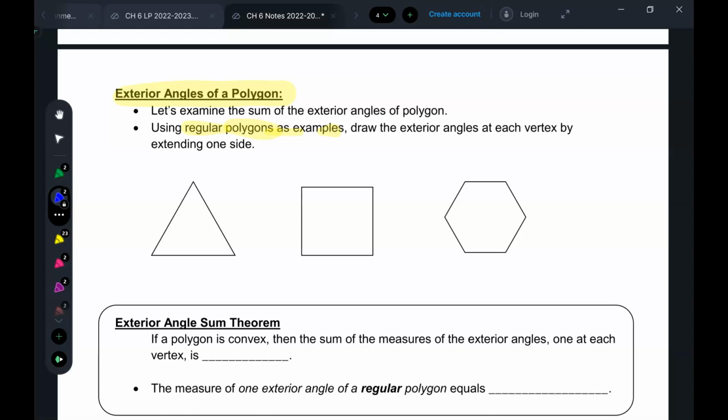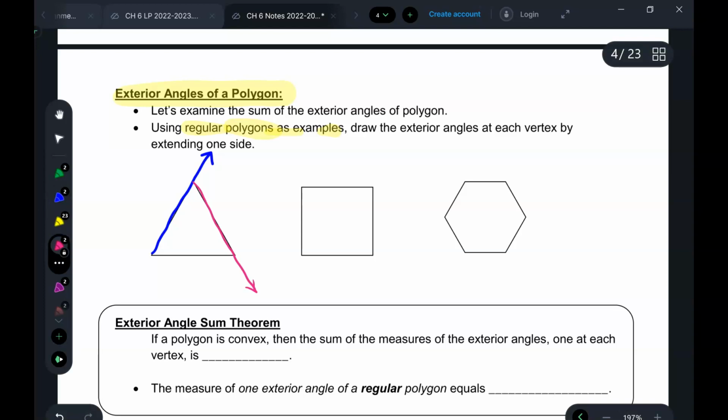So here, I'll extend that side, then I'll extend this one. I don't want the exterior angles to crisscross, so I just want to extend one, going around clockwise or counterclockwise.